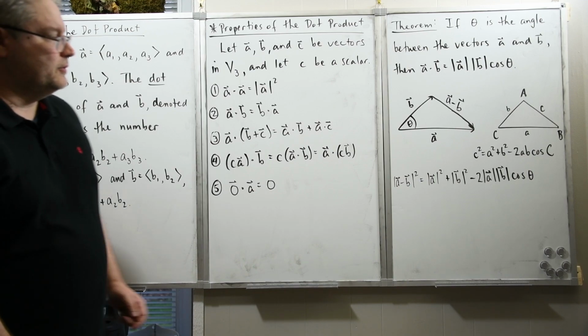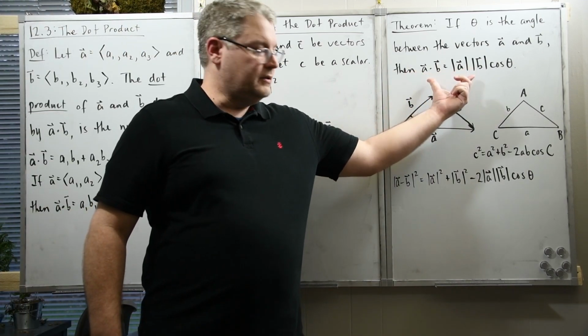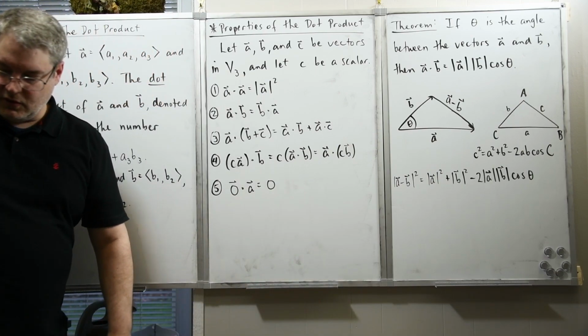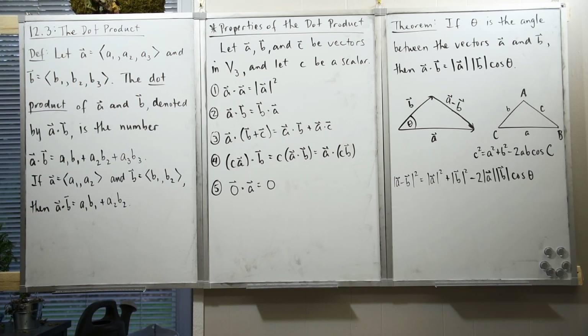Because if we're trying to show that this equation is true, we need to incorporate the dot product of A and B somehow. And so one way to think about this is to consider the square of the magnitude of A minus B in a different way. You know, sometimes if you represent the same thing mathematically in two different ways, you can get some nice information out of that.